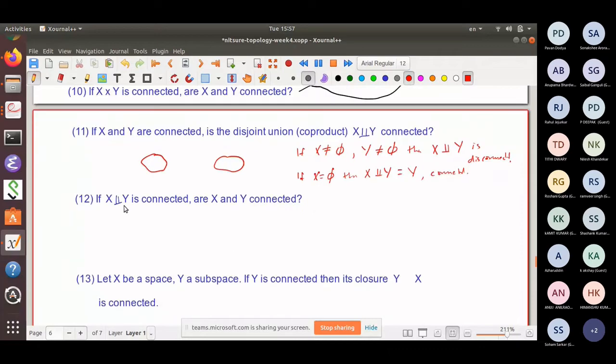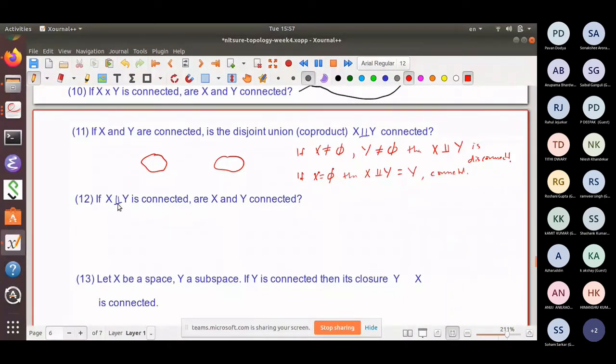How about the other way around? If the disjoint union is connected, are X and Y connected? This you have to answer. I have been doing too much answering for you under various pseudonyms. Yes, Amit. When can this be connected? Can somebody answer him?